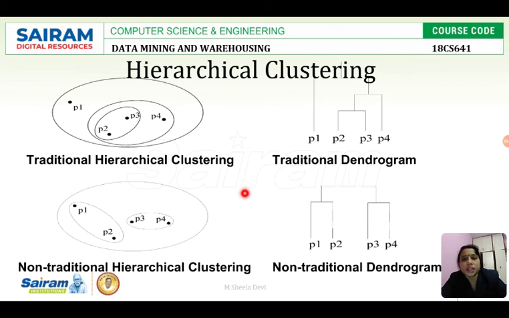And if you take this hierarchical clustering, we can divide the objects into hierarchies like this. So P1 is on the left side of the hierarchy, then this is parent 1, and again it is subdivided into P2 and P3, and this is right.